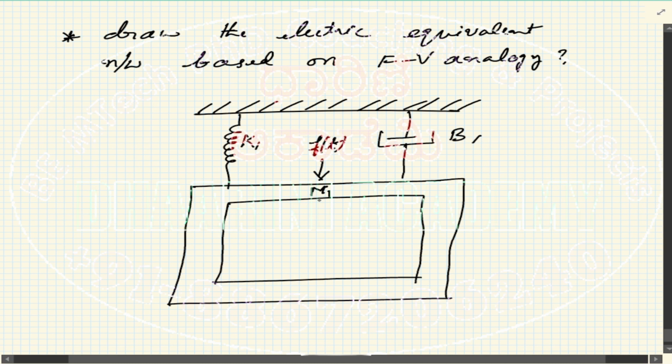Mass m1, we have the spring, and mass m2, so this is k2.